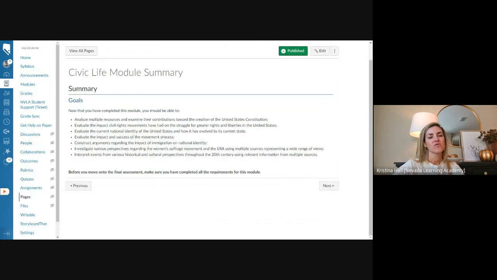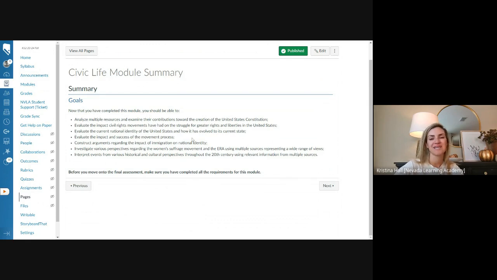Over the course of the last 7 lessons, we've analyzed multiple sources. We've written essays, done discussions, analyzed primary sources, and taken assessments. We evaluated the impact of the civil rights movement and struggles for greater rights and liberties in the United States, looking at specific groups that may have had more struggles than others.